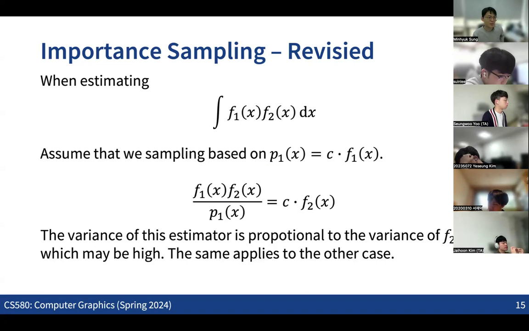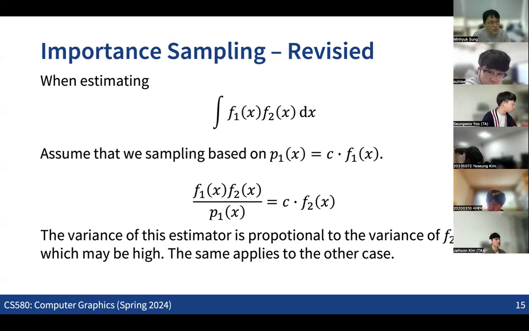But let's assume that we can do that. Like we can find a probability density function which is perfectly proportional to one of the functions, let's say f1 in this case. But still, in this case, what we can see is that the variance of the output becomes proportional to the variance of the function f2 here, which may be high, right?